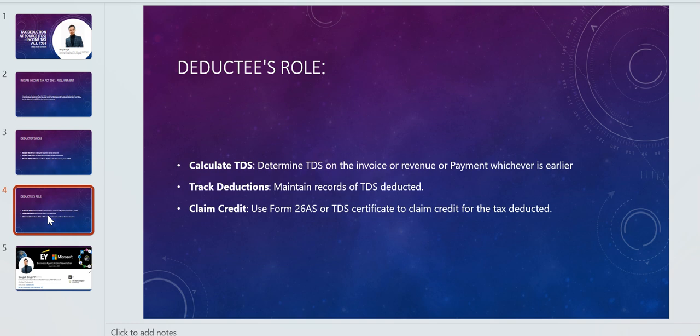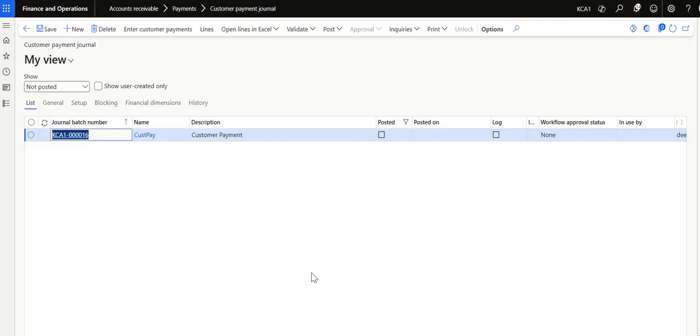They maintain the records of the TDS deducted by the deductors, and in future they claim their credit using Form 26AS or the TDS certificate to claim credit for the tax deducted. Okay, so let's jump to the Dynamics screen and see how it functions.